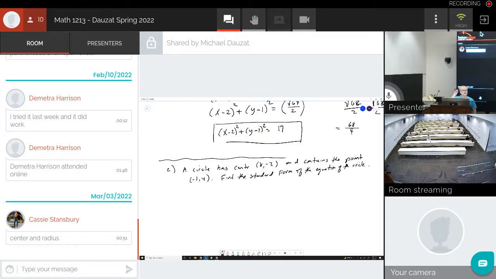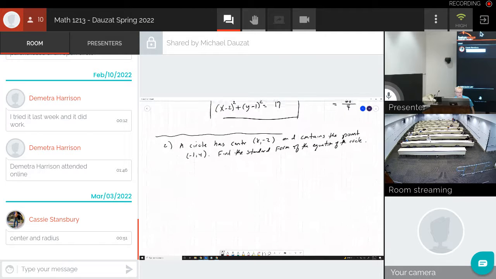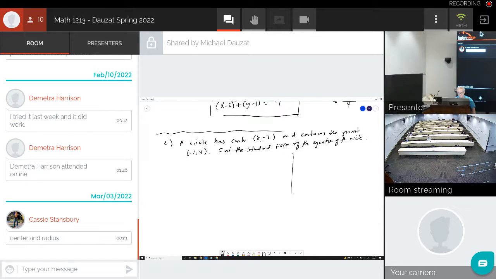All right, so in the first problem, you were given the diameter. So in your mind, it helps to visualize this. So in your mind, this is what you have. You have the center, which is 8, -2. So let's say that's about here, 8, -2. And it contains the point -1, 4. So -1, 4, let's say, is here.